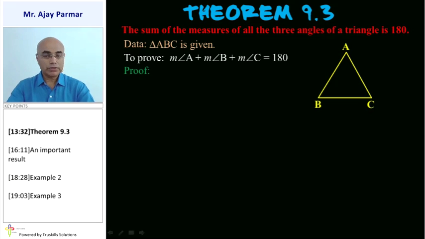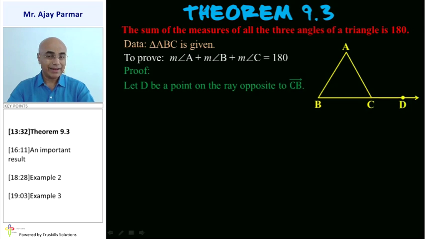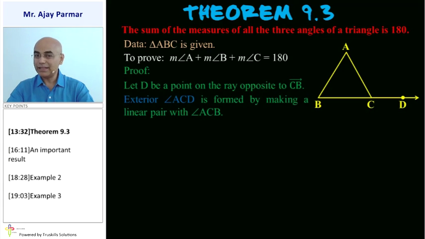So in the proof, first of all we need some construction. Let D be a point on the ray opposite to ray CB, and therefore angle ACD is the exterior angle. So exterior angle ACD is formed, and it forms a linear pair with angle ACB, and because of that, measure angle ACD plus measure angle ACB is going to be 180.